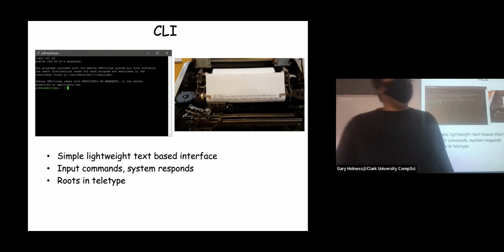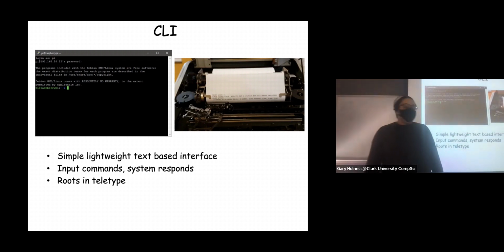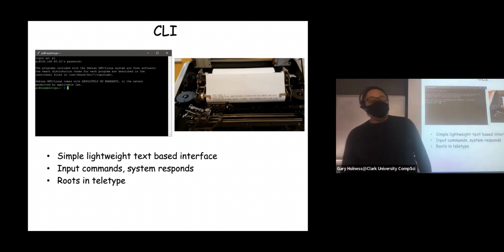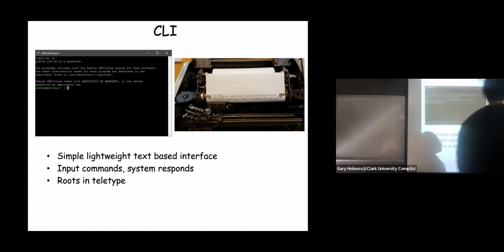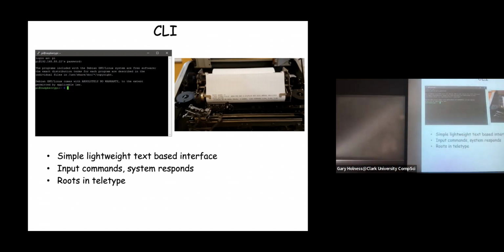With this command line interface, like the teletype, you're typing in commands and the computer takes these commands. Once you hit enter, it will interpret what that command means. That command is either something that matches the name of a program in your system that does something, interacts with the kernel, or it won't understand what you're doing.